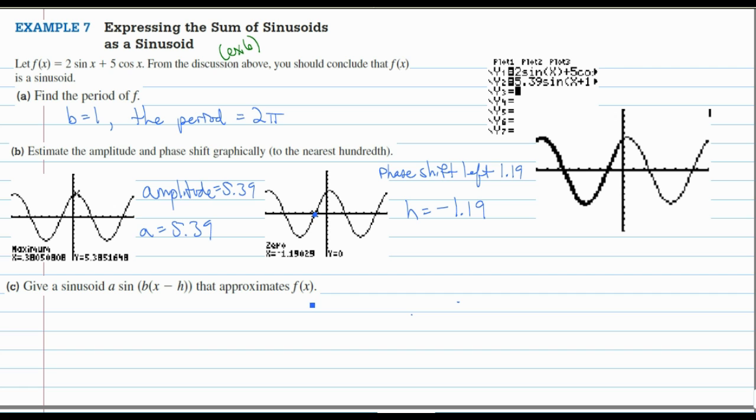Well, we've identified all the values we need to identify. F of x equals a, which comes from the amplitude 5.39, times the sine of b, which is going to be 1, so I don't really need to worry about that.